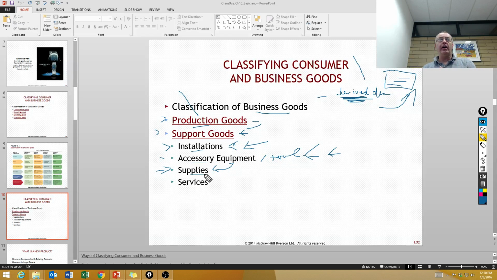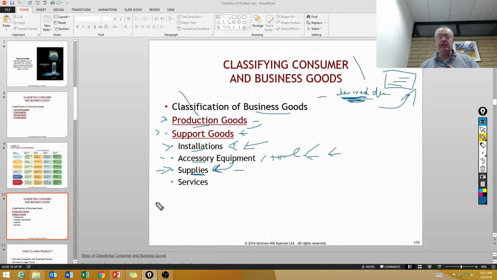Supplies are kind of like convenience goods for shoppers. Supplies are usually a very small part of the entire product value, so we don't spend a lot of time thinking about the supplies we buy. We just find a regular supplier and purchase them on an ongoing basis. So we spend very little effort in making that decision.